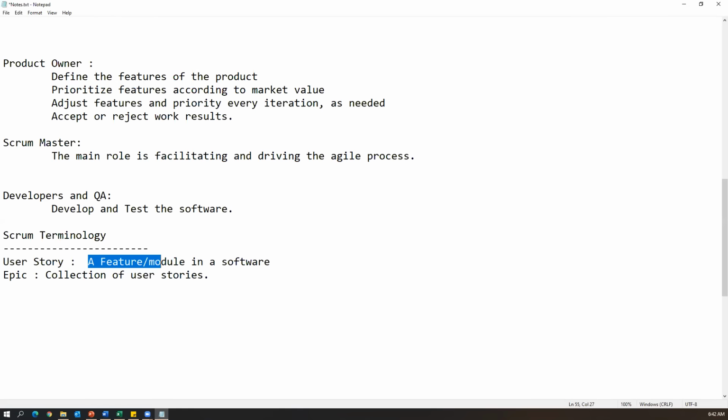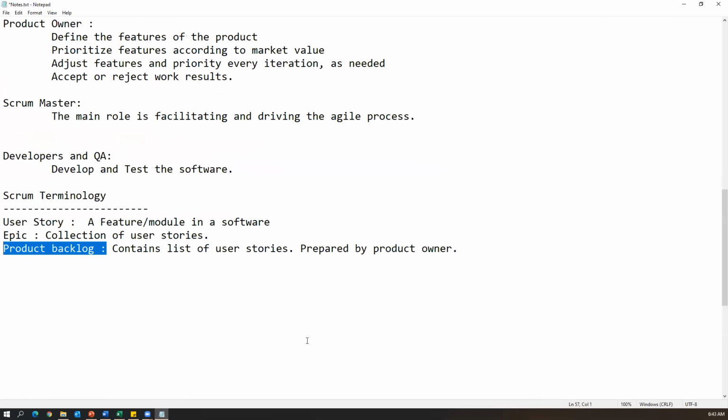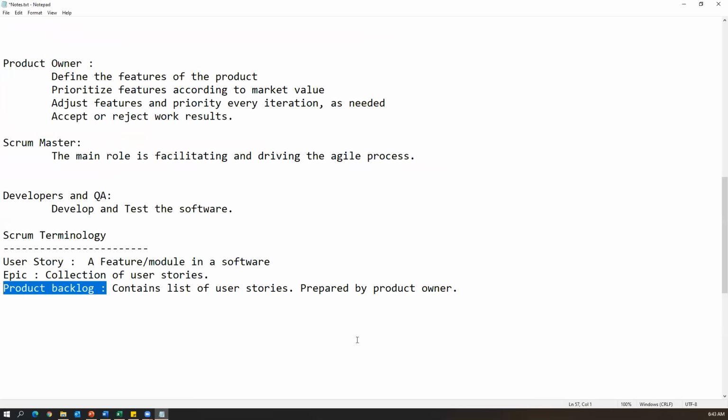Now, there is one more term called product backlog. What is product backlog? Product backlog is a list of user stories prepared by the product owner at the beginning of the process. If you start your agile process, at the beginning we need to know the requirements from the customer. Who is responsible for getting the requirements from the customer?